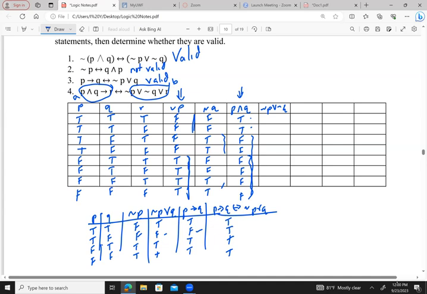So the only time this is false is when they're both false. So false, false, true, true, true, true, true, true.